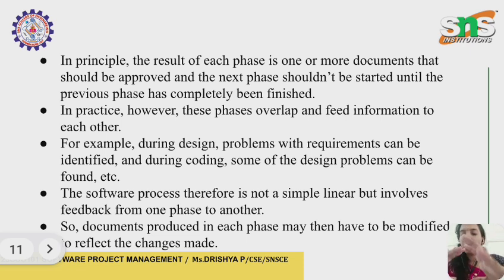And mainly, you have to memorize that the result of each phase is one or more documents that should be approved, and the next phase shouldn't be started until the previous phase has completely finished. This is all about the waterfall model.